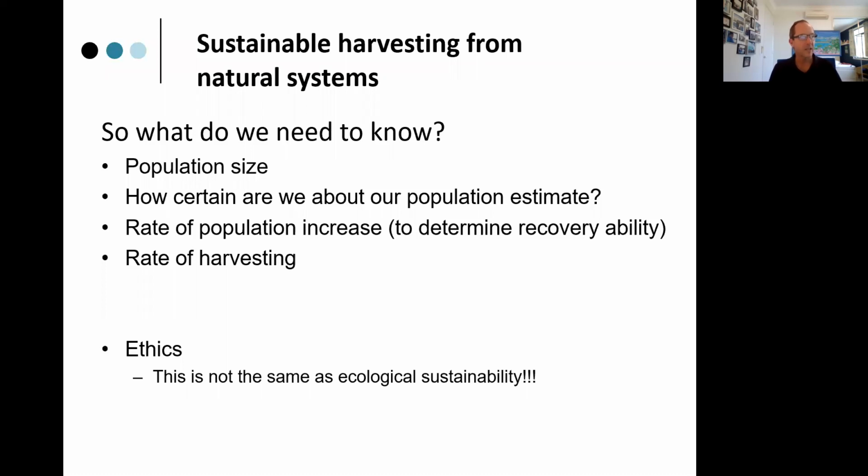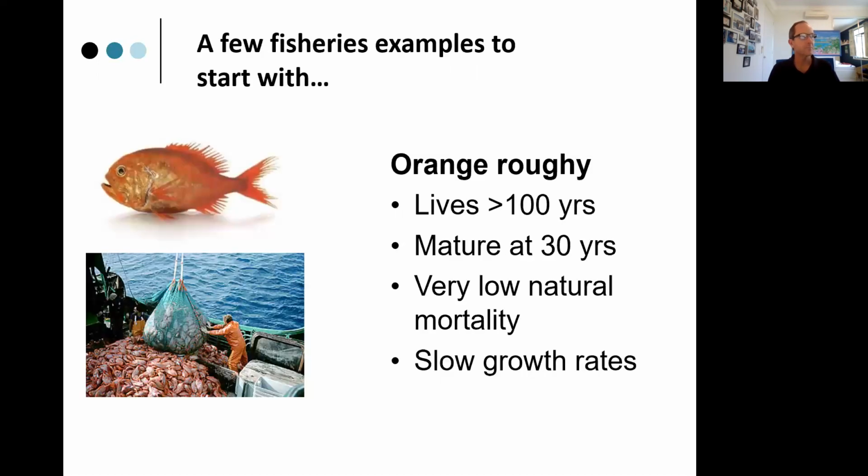But as I said, I can't really go into all the fisheries stuff. A lot of these slides are almost a topic and a lecture in themselves. So orange roughy is just an example of one fishery that's very difficult to manage, would have been very difficult to manage. It's been managed rather poorly.